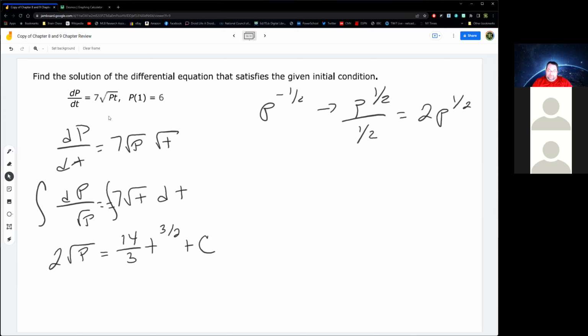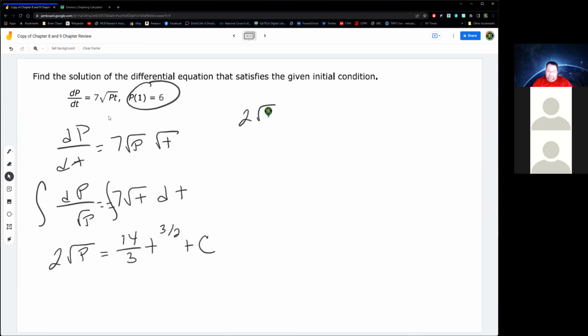All right, now this one gives me my initial value, so we have to plug in to find C. So I got 2 square root of 6 equals 14 over 3 plus C. So C equals 2 square root of 6 minus 14 over 3.